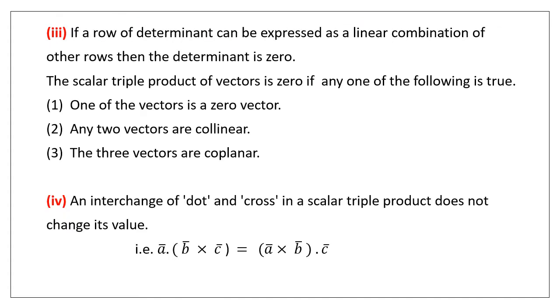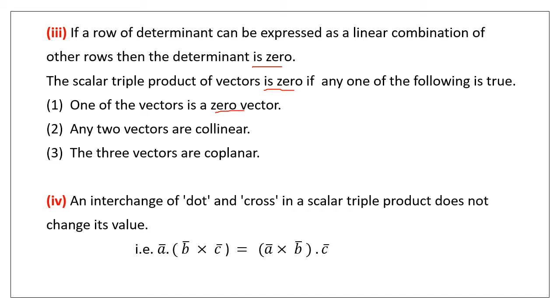If a row of determinant can be expressed as linear combination of other rows, then its determinant is 0. See, student, the scalar triple product is 0 if any one of the following is true. That is, one of the vectors is a 0 vector. Means in determinant, if any one row is 0, then that scalar triple product is 0.